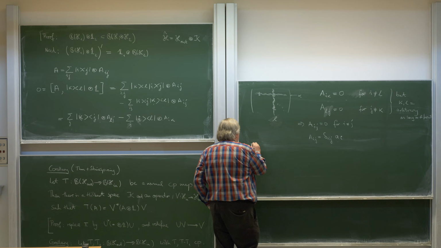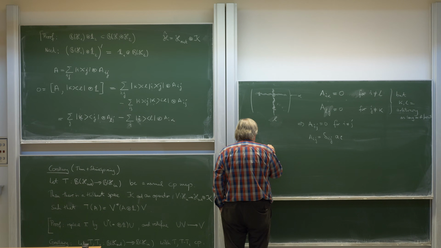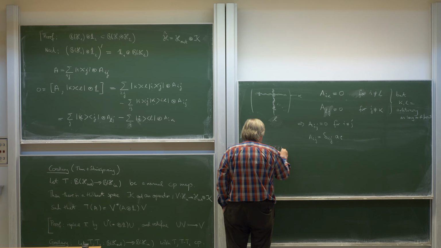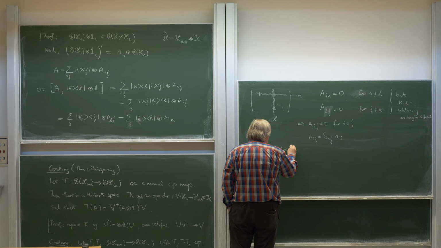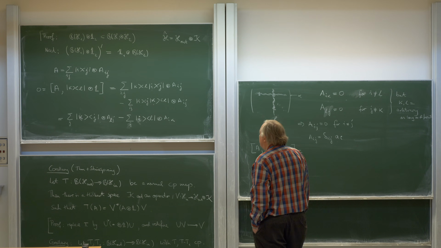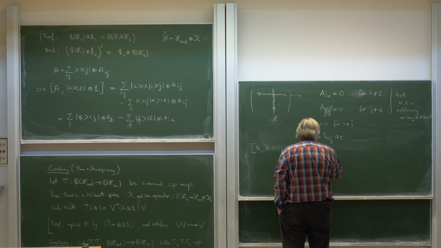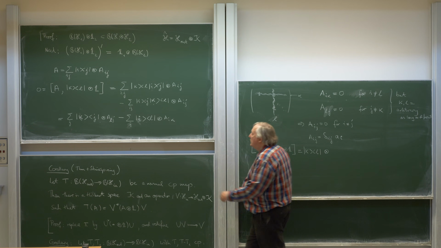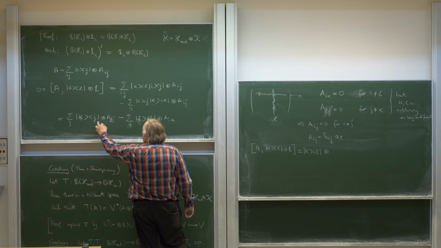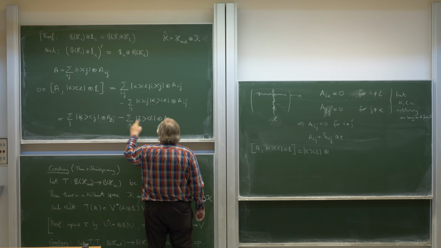So the commutator of A with KL tensor 1 is KL tensor, and here we get the A_LL, so a little A_L, and here we get the A_K.